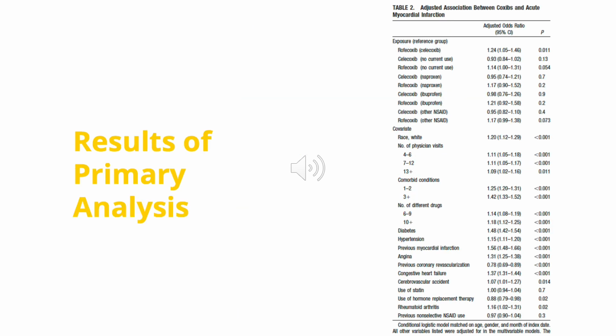And finally, when we look at the results of the primary analysis for this study, the authors included a table 2, which includes the adjusted association between COXIBs and acute myocardial infarction. These adjusted odds ratios are the odds ratios that came out of the logistic regression model that included all of the confounders in the model.